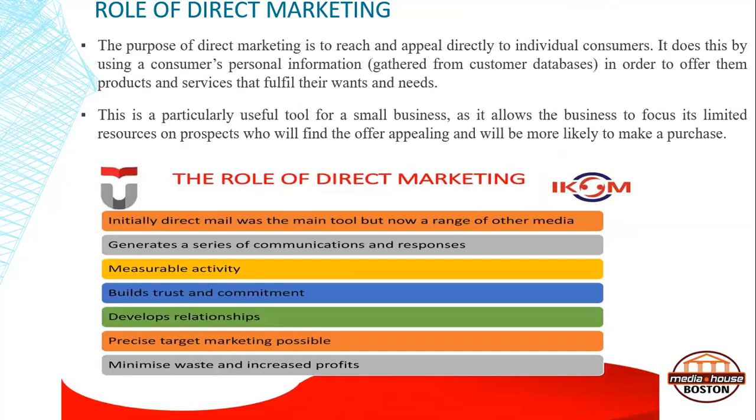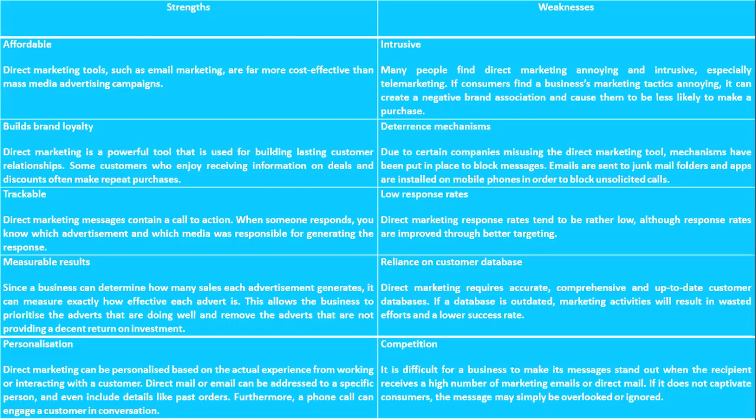This is a particularly useful tool for a small business, as it allows the business to focus its limited resources on prospects who will find the offer appealing and will be more likely to make a purchase. So the role of direct marketing becomes to generate a series of communications and responses, to build trust and commitment, and develop relationships. However, there are strengths and weaknesses to direct marketing as a marketing communication tool.